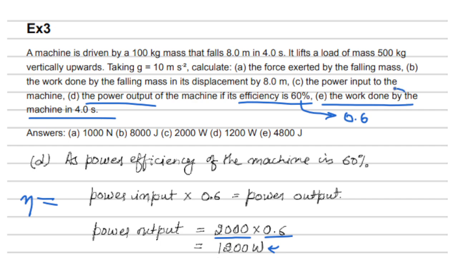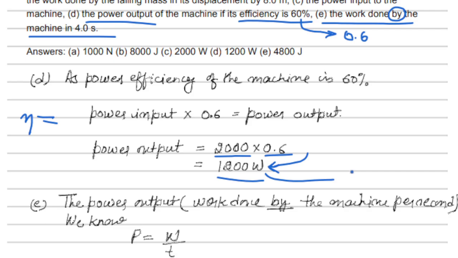Now they are asking here, note it down, by the machine, so they are talking about the output. So we have got the output power. What does that mean? 1200 joules of work is done in 1 second. Always remember what joules per second means, because knowing the unit gives us more intuition.